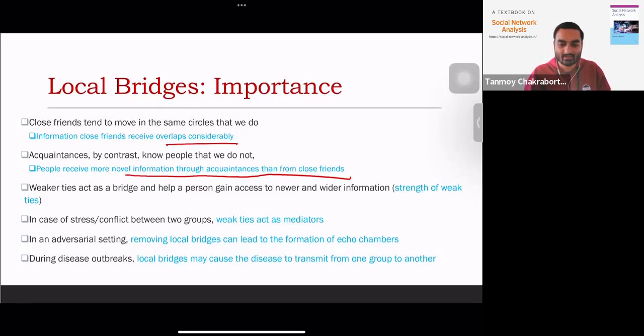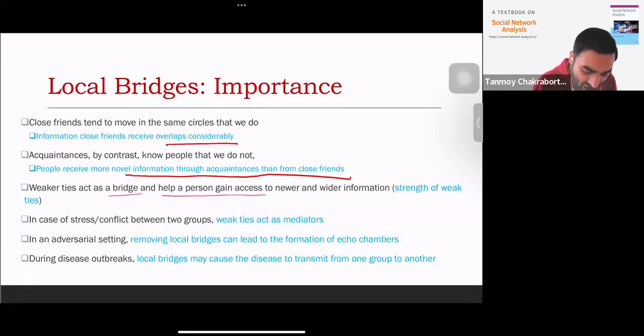It is highly likely that you would get novel information from your friend who is not part of your institute, who is part of some other institute. So weak ties act as a bridge and help a person gain access to newer and wider information.